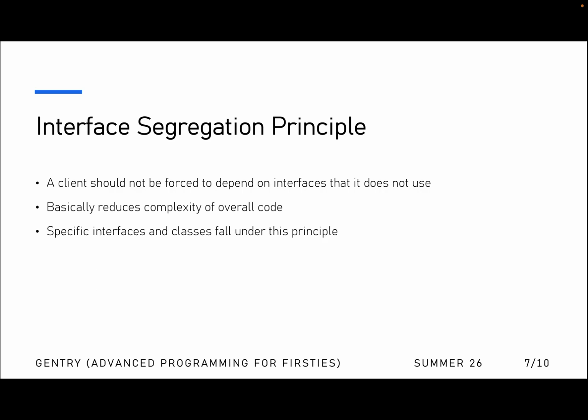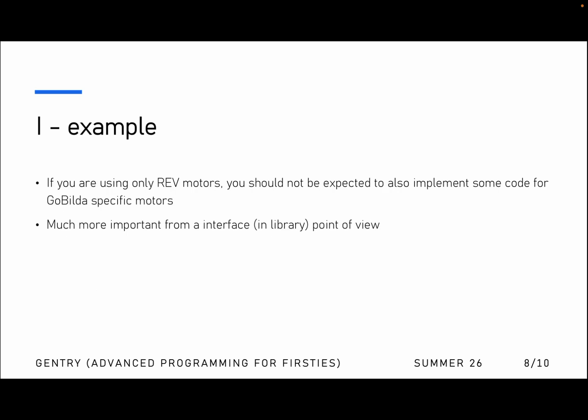So specific interfaces and classes fall under this principle, and it reduces the complexity of your overall code. For a specific example, if you're only using REV motors, you should not be expected to also implement code for goBILDA specific motors. And this is much more important from an interface in a library point of view.